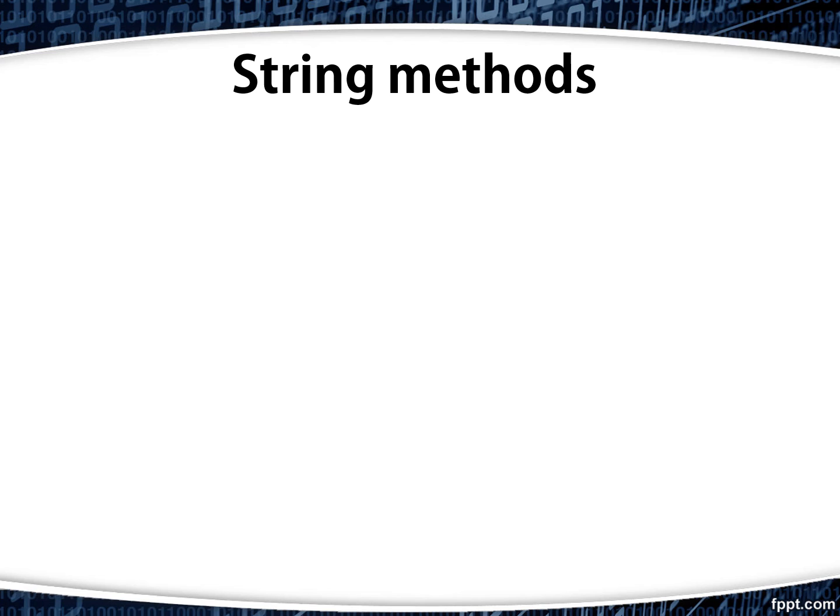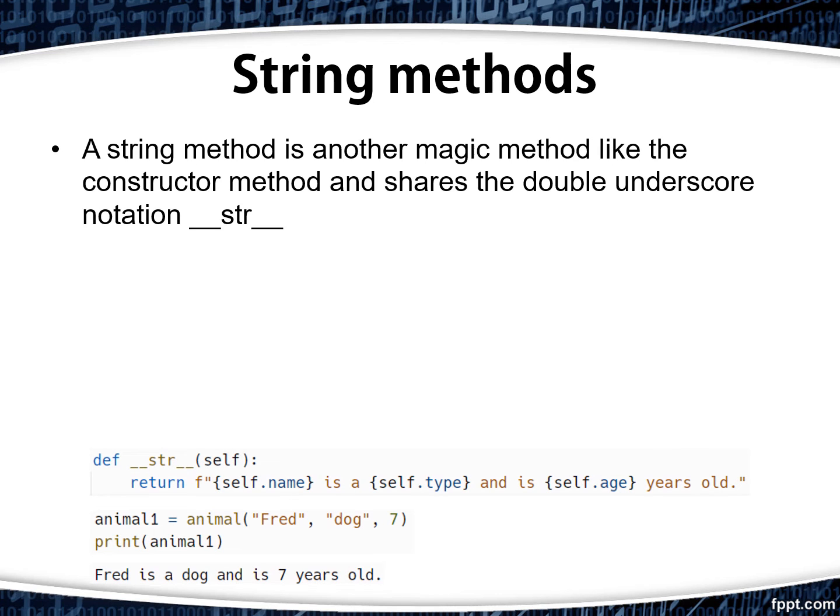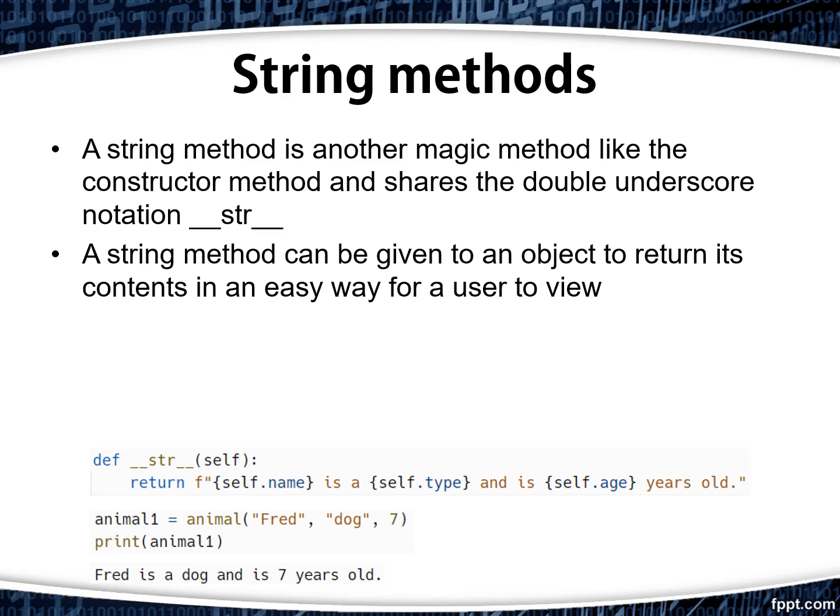A string method is another magic method like the constructor method and shares the double underscore notation, __str__. A string method can be given to an object to easily return its contents in a way that the user can view.